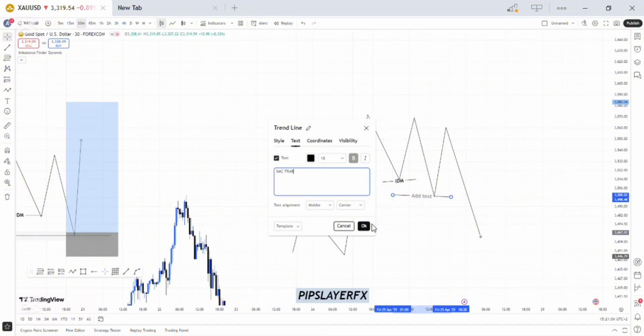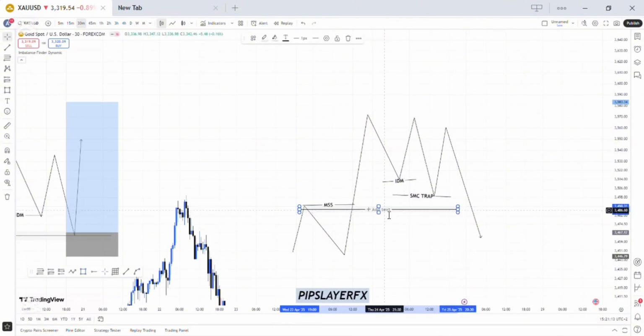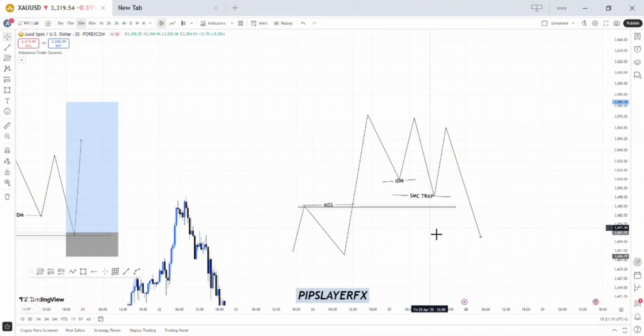Remember, this POI has not been mitigated. You understand? So this is your SMC trap. Now you don't expect this area to be strong, because price has already weakened this area, even if it has not been reacted to. Stay away from such markets.